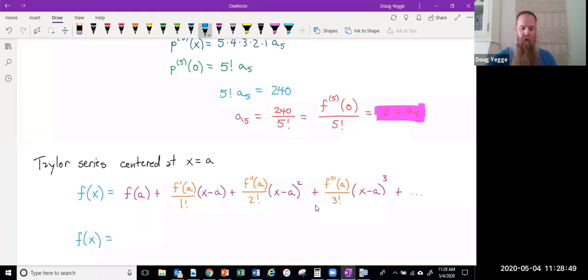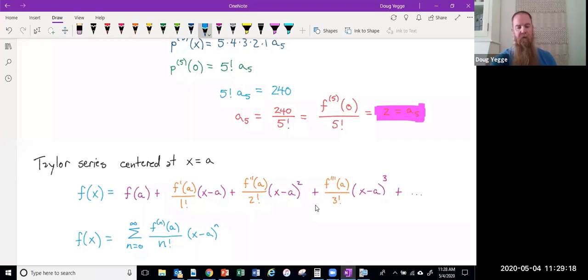The Taylor series is nothing more than just the sum from n equals 0 to infinity of the nth derivative at A divided by n factorial times x minus A to the power of n.